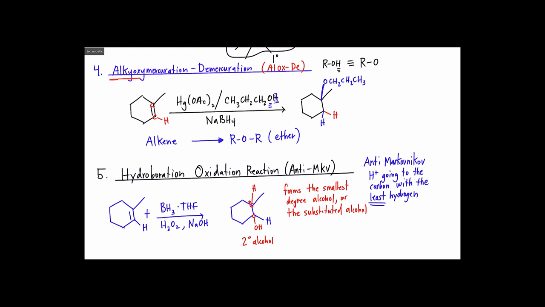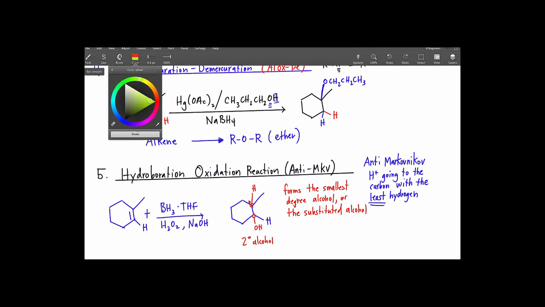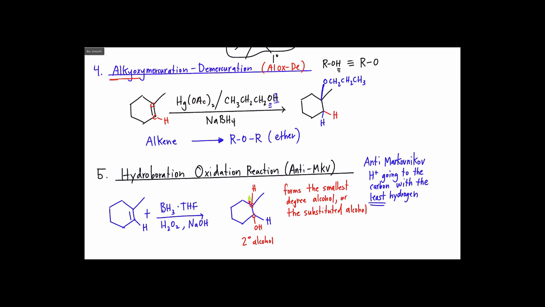If OH were to add here, you would have a tertiary alcohol, and that product would be wrong. Okay, so let's just say least, your hydroboration oxidation is going to form the least substituted alcohol. Okay.